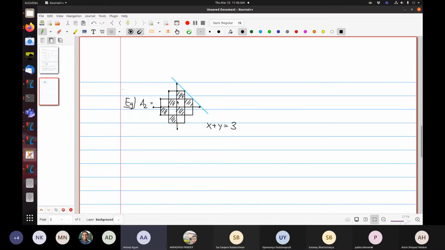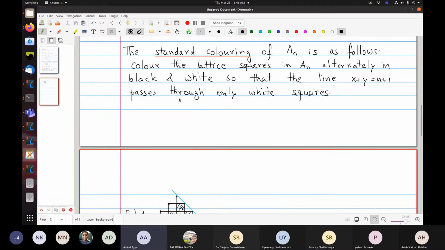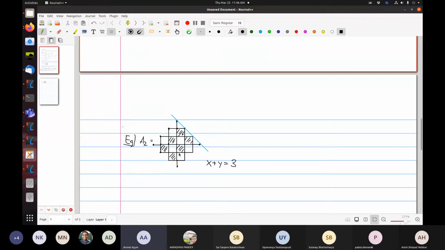Like so, you have this chessboard pattern. All right, so this is our coloring.